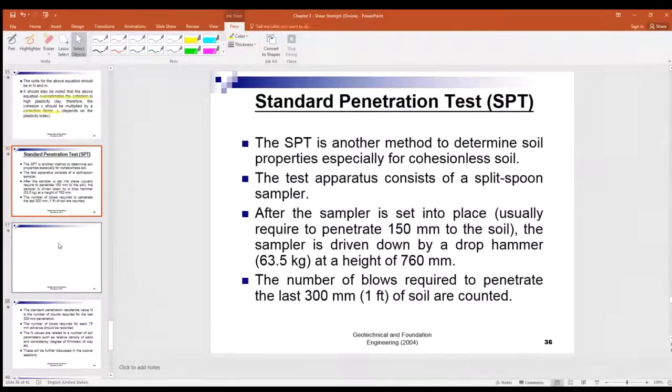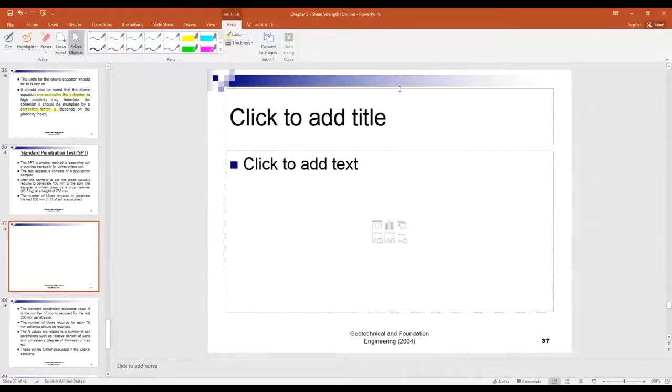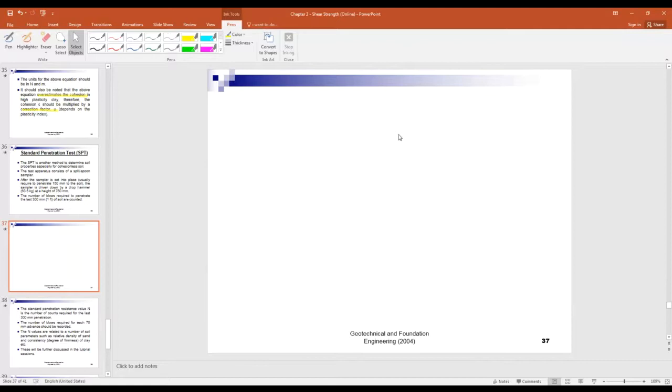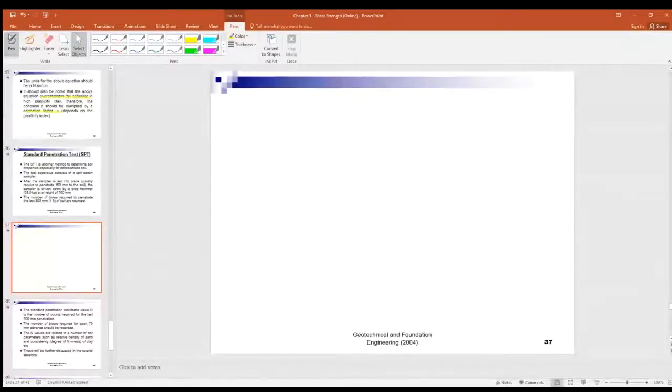Now, standard penetration test, SPT. Now, what's SPT? Okay, now suppose that is a ground surface.